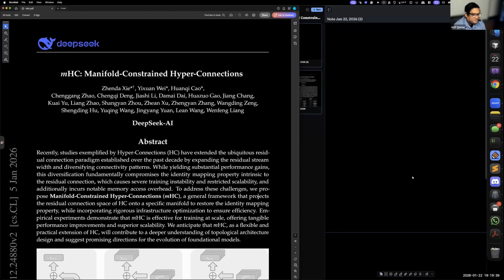When the precursor paper went with it, it turned out that it lacked certain control elements, some things that led to unexpectedly bad behavior. For very deep networks, it would lead to exploding gradients or vanishing gradients or signal amplification, excessive signal amplifications, and so forth.